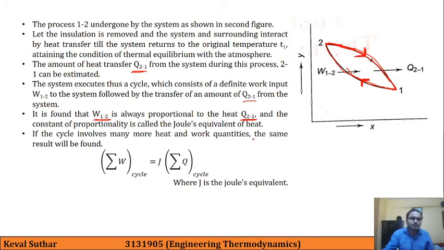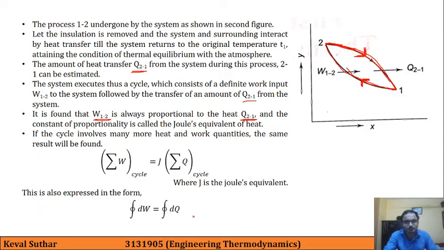So here the summation of work interactions during a cycle is equal to J into the summation of heat interactions in the cycle, where J is Joule's equivalent. And this can also be expressed in the integral form given by this formula, that is, the cyclic integral of dW is equal to the cyclic integral of dQ. This is the first law for a closed system undergoing a cycle.